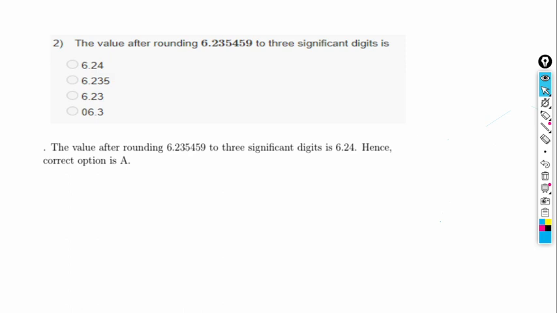So calculate it. Calculate and tell me the answer.